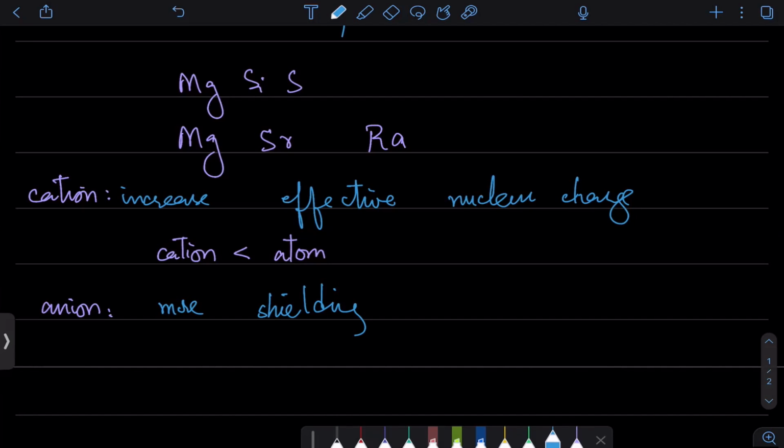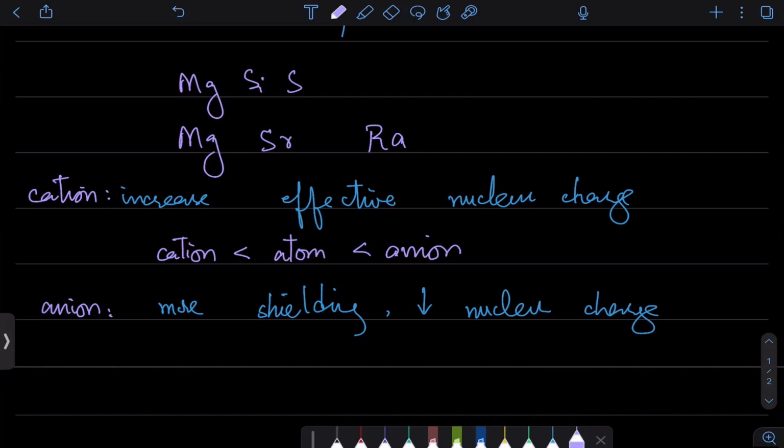And secondly, there's going to be more shielding and reduced nuclear charge. So उसकी वजह से they're going to be pulled less strongly. So the anion is going to be bigger. Okay? So that's an important idea to remember.